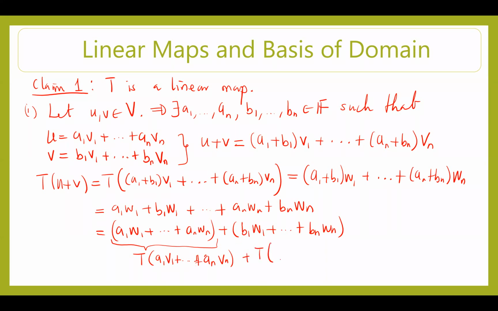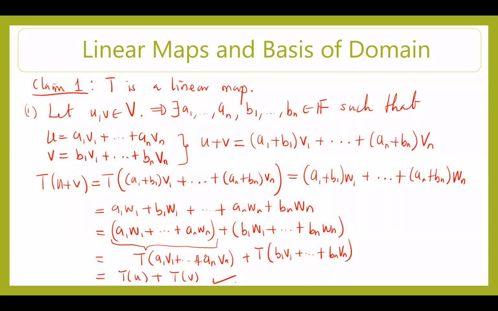Plus, this one is T of B1 V1 all the way to BN VN. Lastly, T of this linear combination is what we call T of U, and T of this linear combination is what we call T of V. So the first property is satisfied.